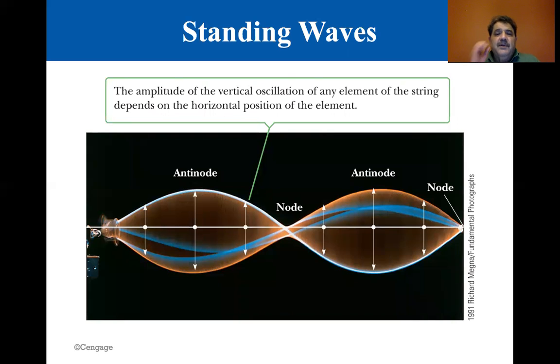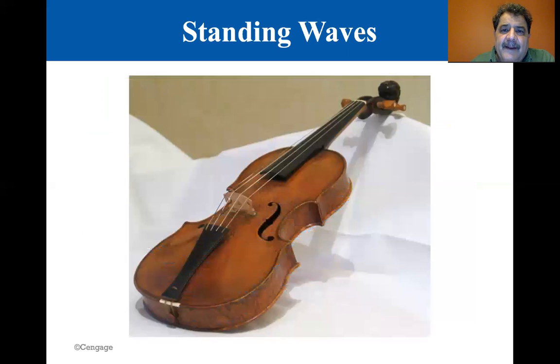The amplitude of the vertical oscillation of any element of the string depends on the horizontal position of the element. So you can see here, this is the second harmonic. The first harmonic would just be a wave going back and forth, but now we've got this wave going back and forth. This is actually the second harmonic on here.